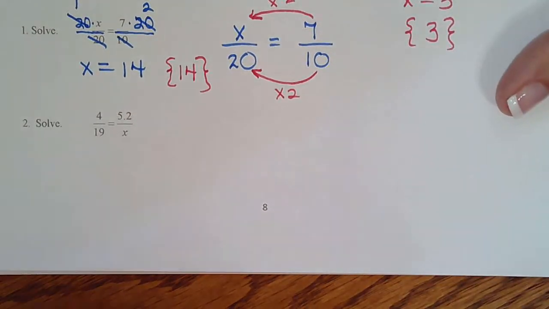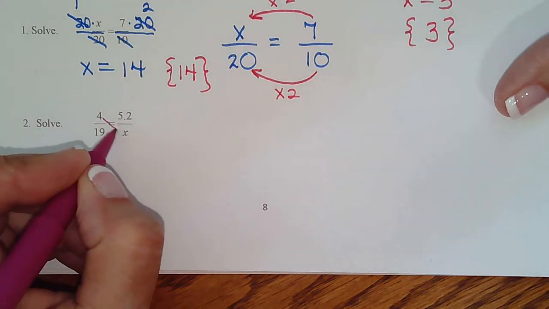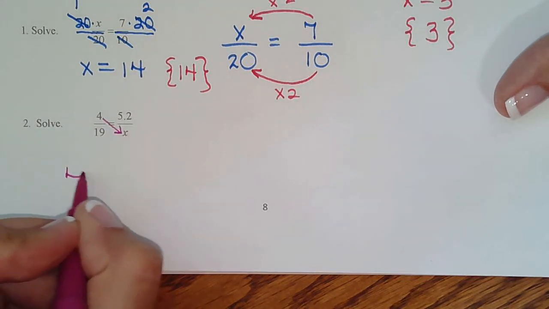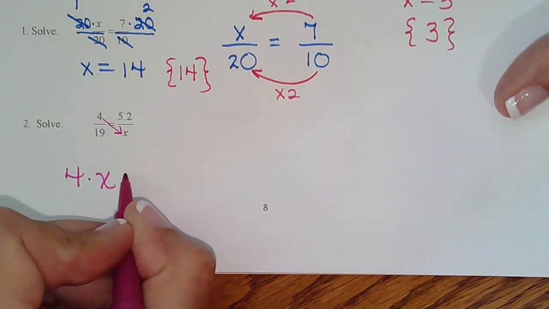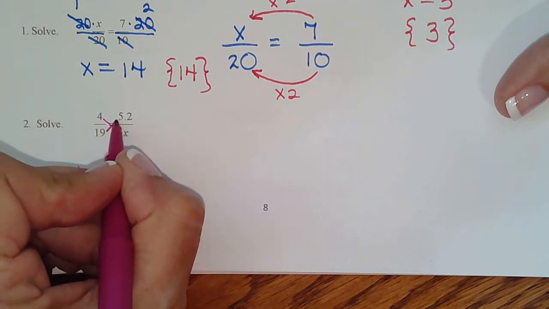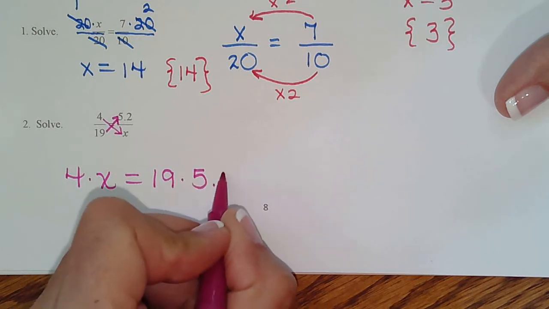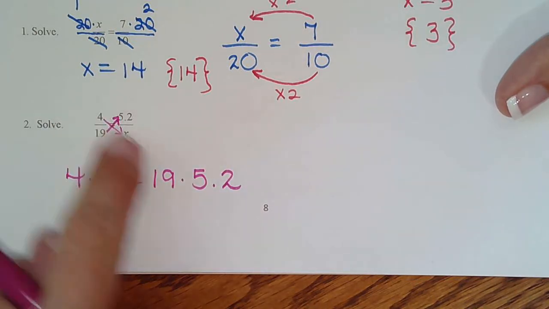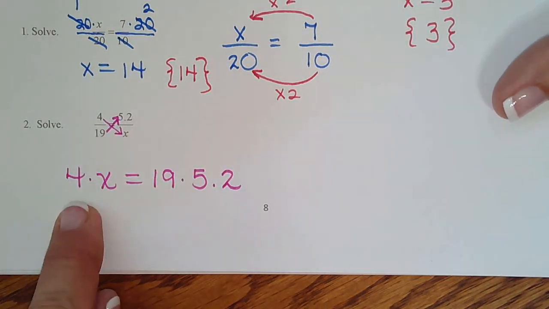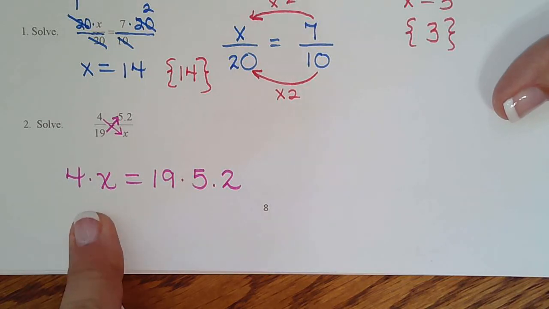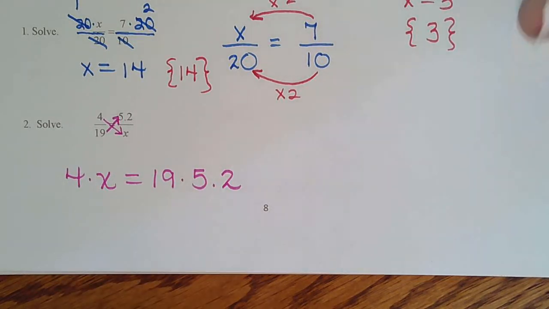So this cross product would be 4 times x, and this cross product would be 19 times 5.2. This cross product, I always do the x cross product first, so I have my x on my left like I like it. So now I just have to plug that into the calculator.